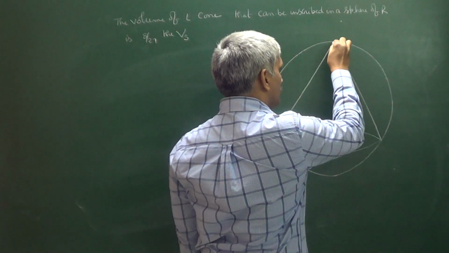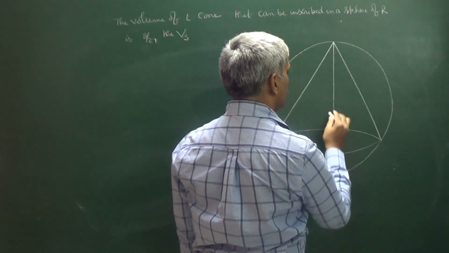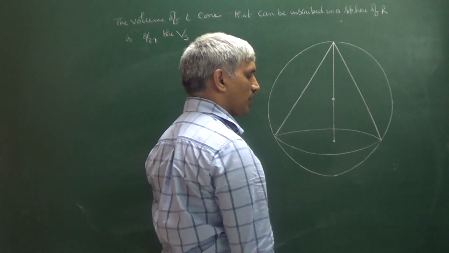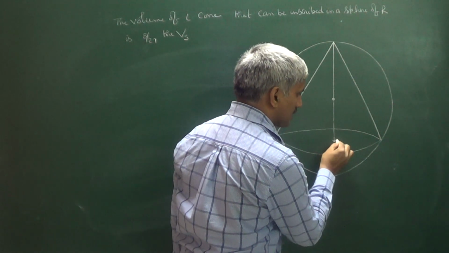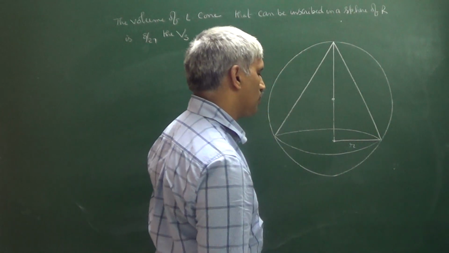I am taking the height of the cone equal to h, and the radius of the cone equal to small r.